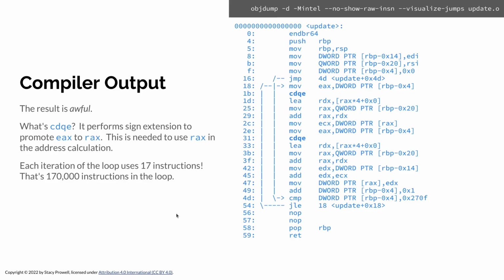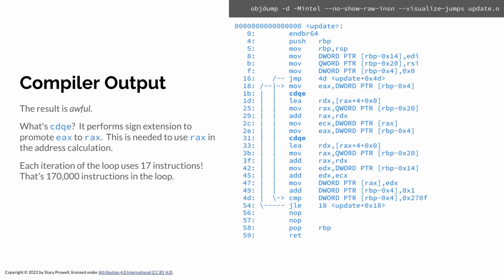Okay. Now, each iteration of this loop, so here's the loop, we're going to jump less than equal up here, and we do 1, 2, 3, 4, 5, 6, 7, 8, 9, 10, 11, 12, 13, 14, 15, 16, 17 instructions every time through. That's 170,000 instructions.